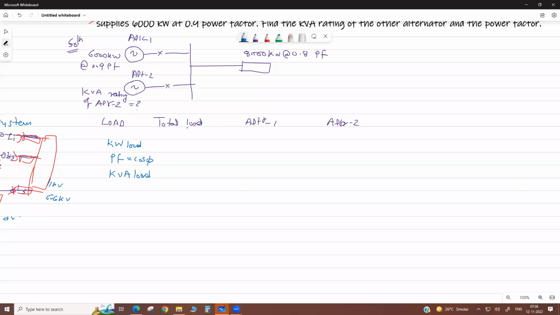So see here, total load in kilowatt is 8,000. Their power factor is 0.8. Then kVA we can calculate as kilowatt by power factor, so it becomes 8,000 divided by 0.8, which comes to 10,000 kVA.